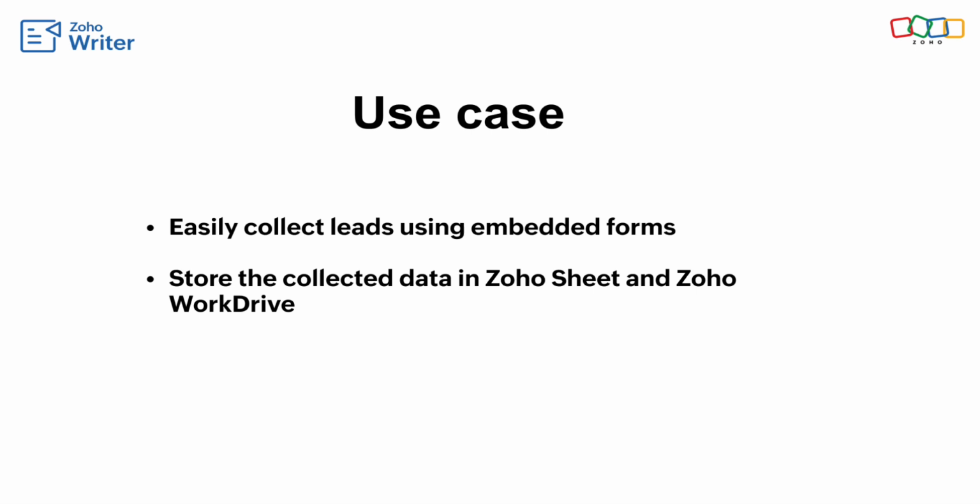Sure, Jennifer. Imagine a real estate agency that wants to collect details from homeowners looking to sell their property. They can embed a form where sellers enter their property details like location, size, expected price, and upload their photos as well. The submitted data is then automatically stored and organized in Zoho WorkDrive or linked to a Zoho Sheet.